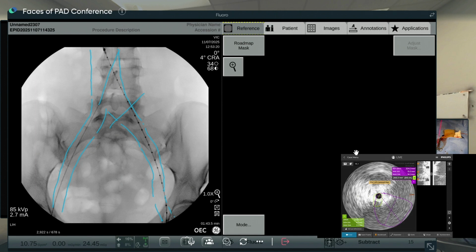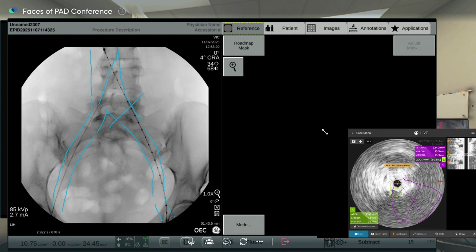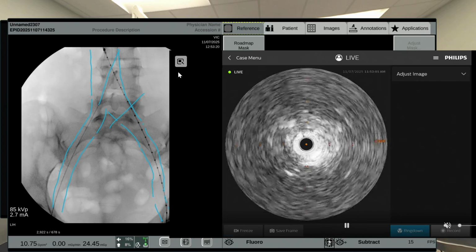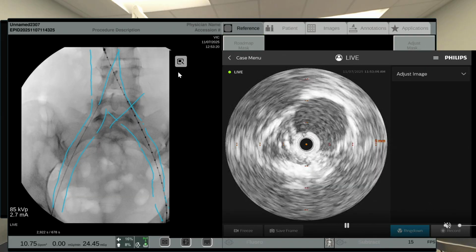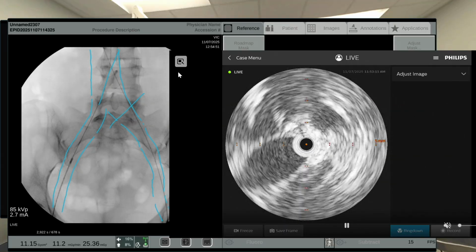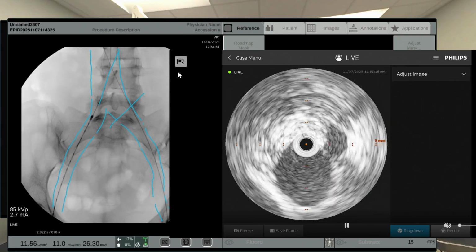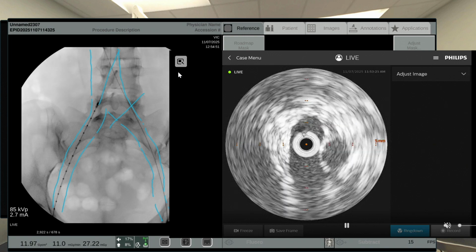Wendy was fast, and she actually got our measurements. If you look at the IVUS, the pre-left common iliac vein measurement was about 89.5% obstructed. Now, the vena cava will also be one we'll measure, and we'll get that shortly. All right, so here is the right side. We go live X-ray. The external iliac vein looks to be pretty healthy. We're sliding along pretty well. We're in the common iliac level, and we definitely get some compression in that common iliac right there.